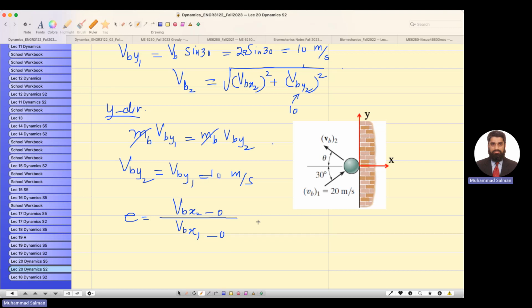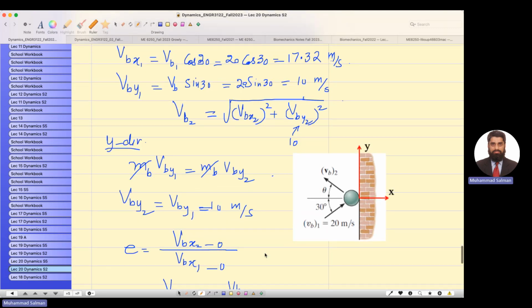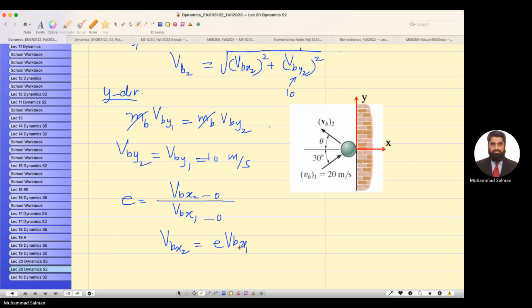You see my point? So what is VBx2 from here? e times VBx1. VBx1 is 17.32. So can you tell me 0.75 times 17.32? What do you guys get? I get 12.99.